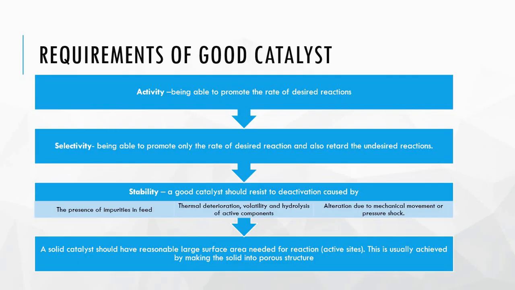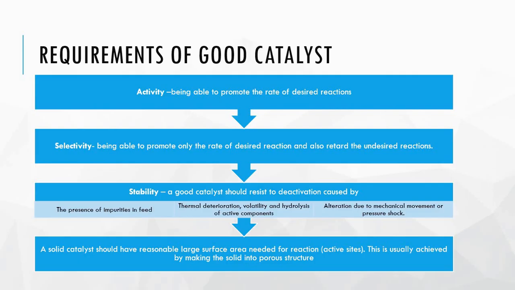And the stability: the catalyst should resist deactivation. In the previous example, we talked about natural gas associated with sulfur. The gas goes through the catalyst, and the sulfur attaches to the catalyst, while the natural gas, which is our target, goes out with only a very small fraction of sulfur.